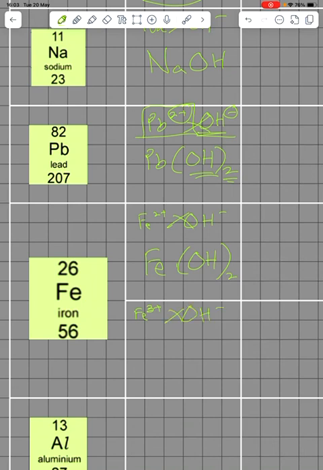When you crisscross again, you have Fe(OH)3. This 3 is courtesy of iron 3, and the 2 is courtesy of iron 2. Do take note. Since iron is a transition element, you have two different types of ion, plus 2 or plus 3.